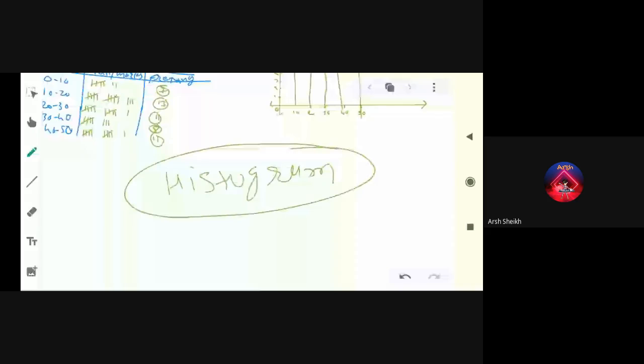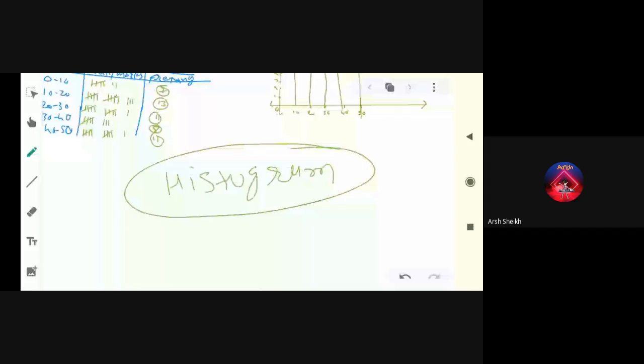Again, I am telling you the definition of histogram. Please listen. If you represent any data with the help of groups, and we get all the bars joined, it is known as histogram.